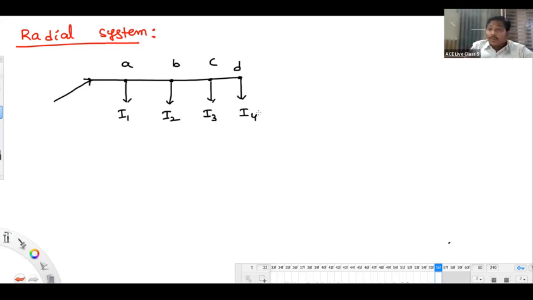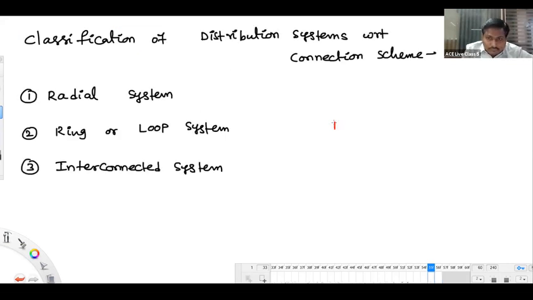One more thing, this is one of the major assumptions to be taken in distribution system analysis: the load is modeled as a constant current load at a given power factor.